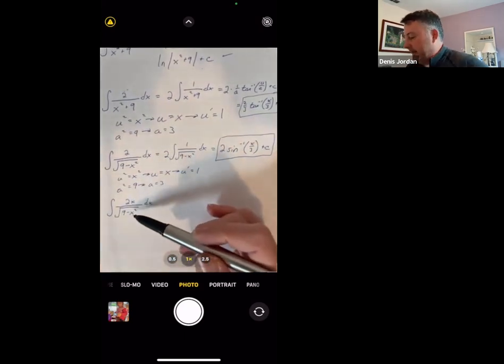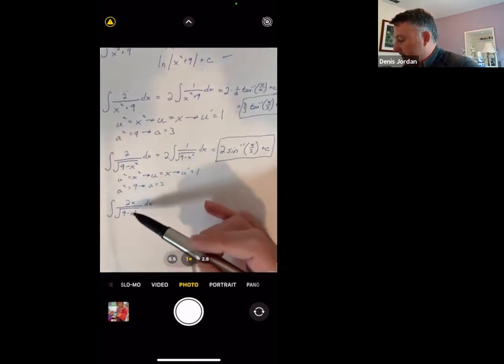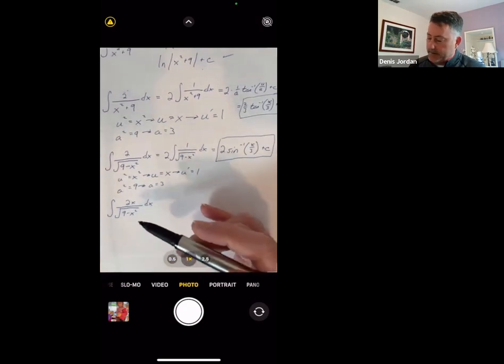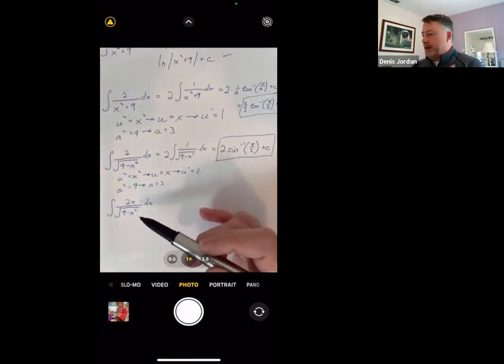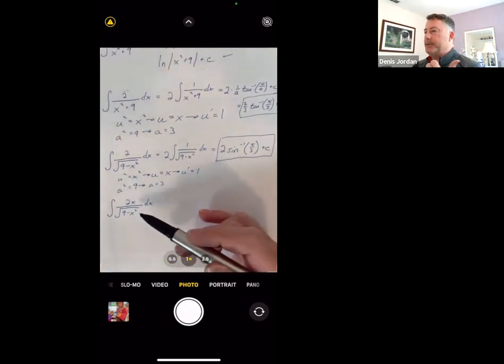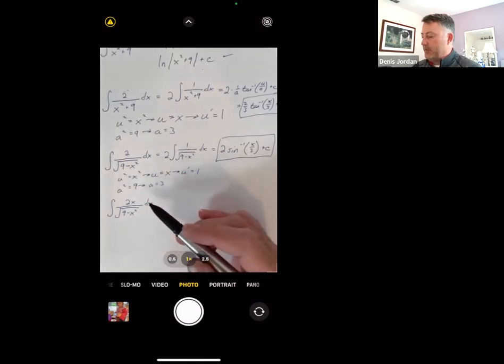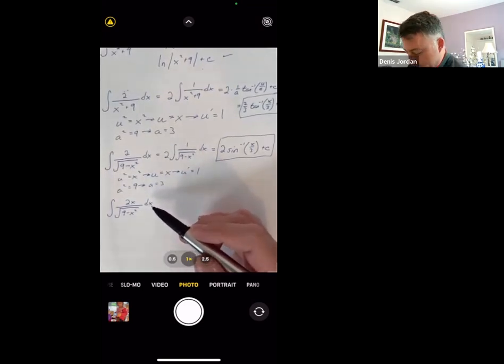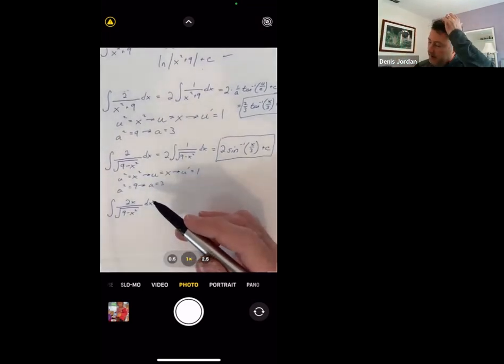It's not fitting the ln either because you need the derivative of the entire denominator, not just the stuff inside the radical. So if it's not an ln, if it's not an inverse trig function, what other kind of thing could it be? Or what other method could you try to use?